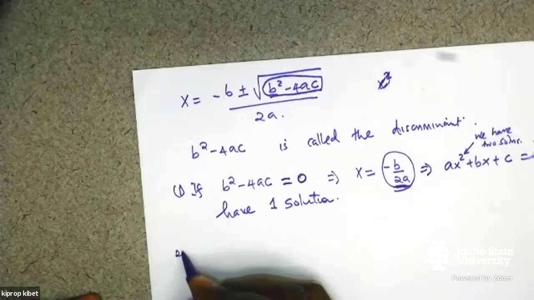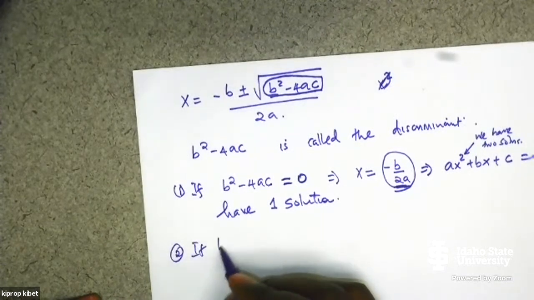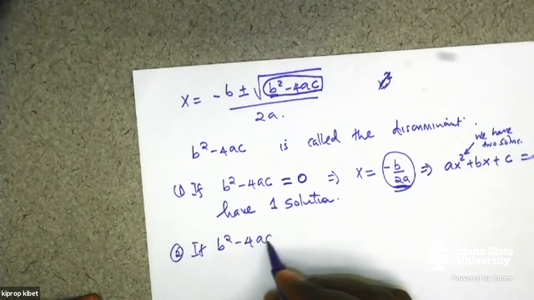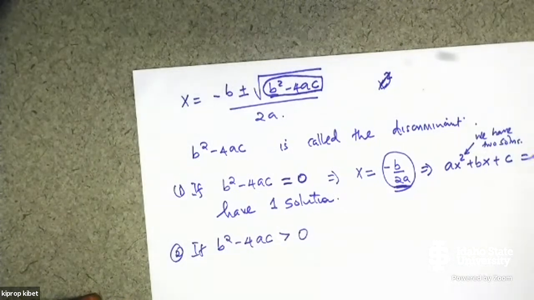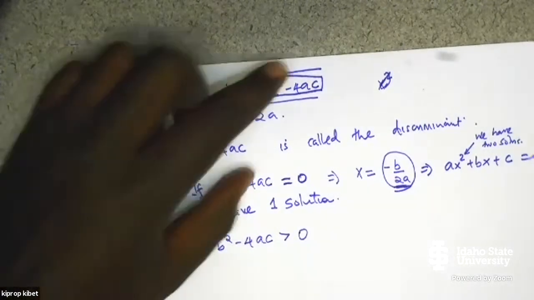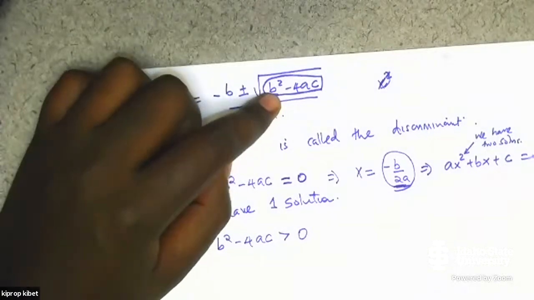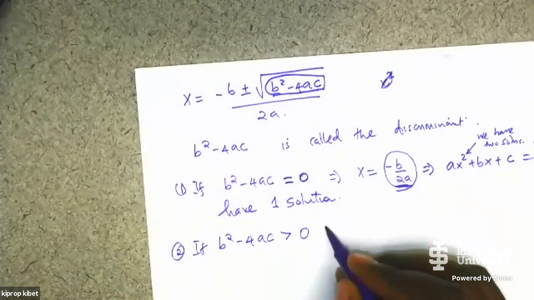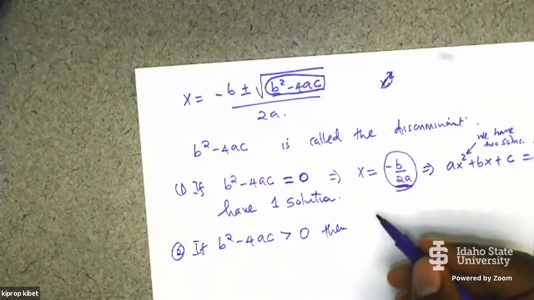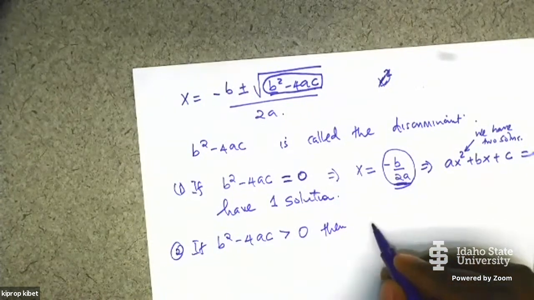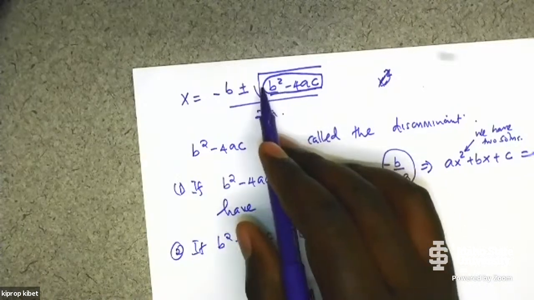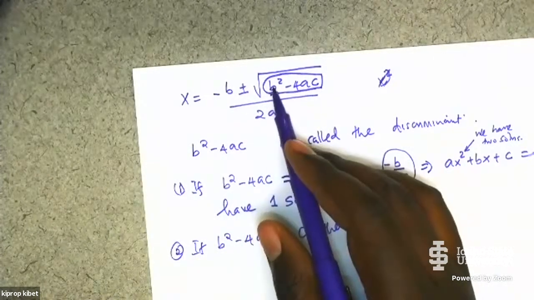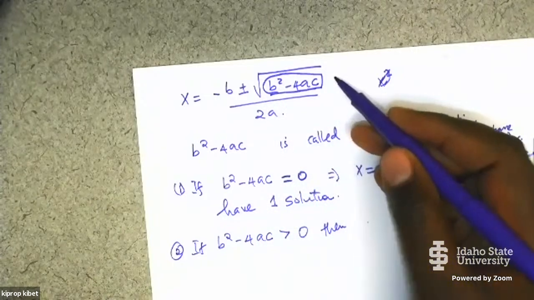Now, number 2, if b squared minus 4ac is greater than 0, then we will actually get a square root of that.